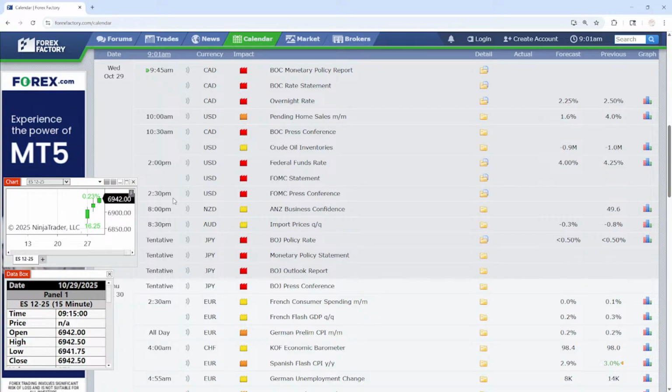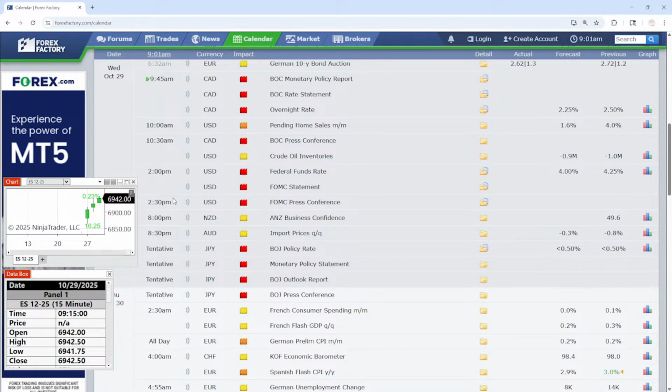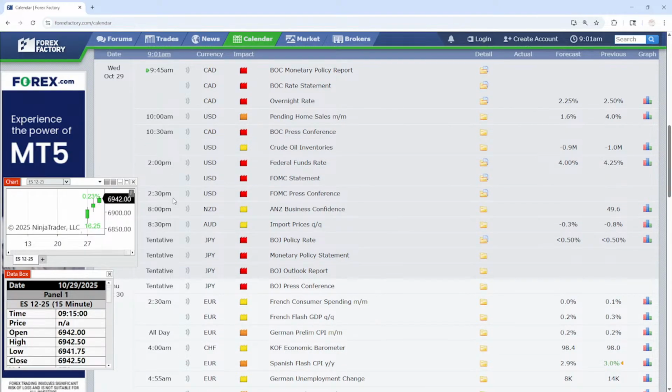But I'm going to be really sitting on my hands and watching the market and not jumping in unless I see something that's a high probability setup.